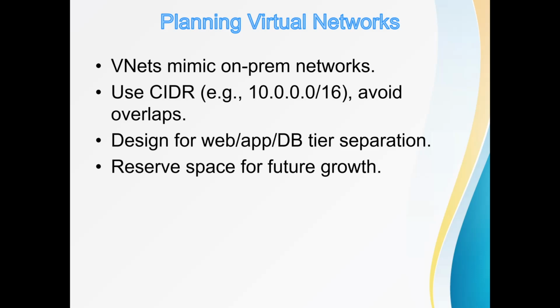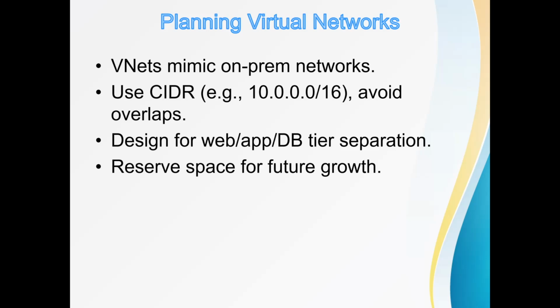We need to define CIDR blocks, and the virtual network will have its own subnets, which will have their own CIDR blocks. When we define CIDR blocks for virtual networks, we need to avoid overlapping. That is the main thing about virtual networks. CIDR blocks are very important to remember. There should not be overlapping between CIDR blocks.